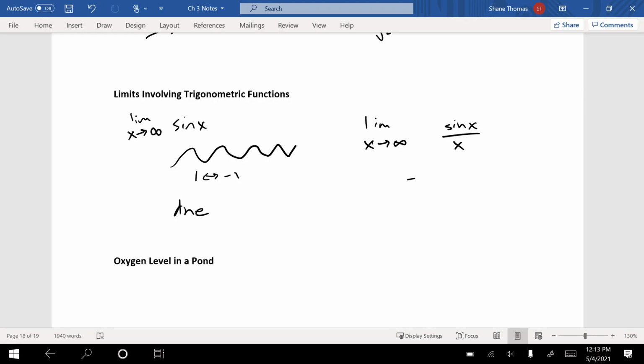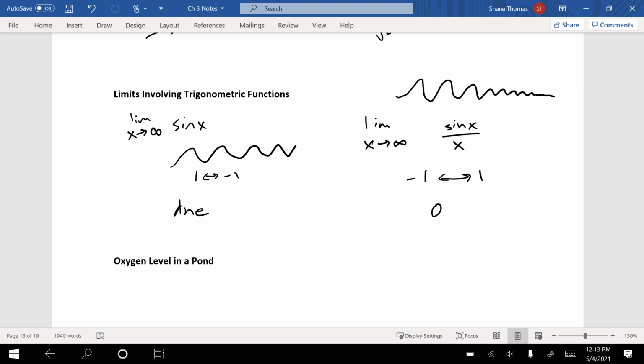It's always going to be between negative 1 and 1, but since it's being divided, it's going to kind of go like this. So what is it approaching? 0, correct? That's because I'm dividing by that factor that I'm plugging in every time. Those ones are pretty simple. You just have to stop and think about them for a second. There's really no calculations.